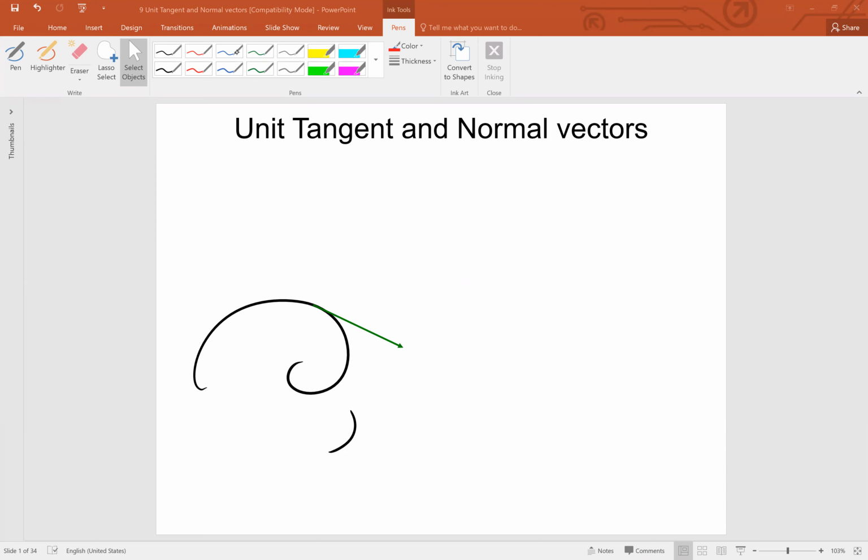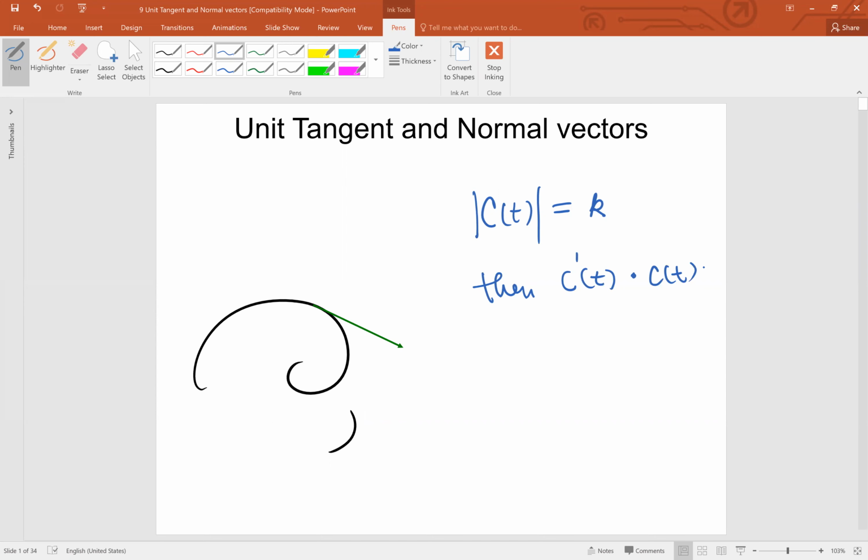We had a theorem saying that if a vector valued parametric curve has constant length, then the derivative of the curve is zero, or in other words, that the tangent vectors and the vector valued functions are perpendicular.